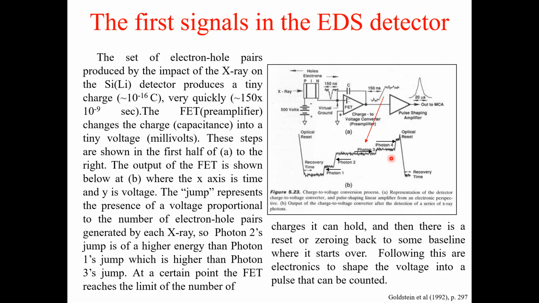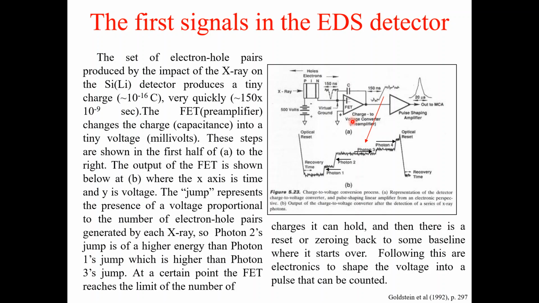At a certain point, the FET reaches the limit of the number of charges it can hold, and then there is a reset, zeroing back to some baseline where it starts over. This is the characteristic of a field effect transistor, and people who have knowledge of electronics will know what actually happens.